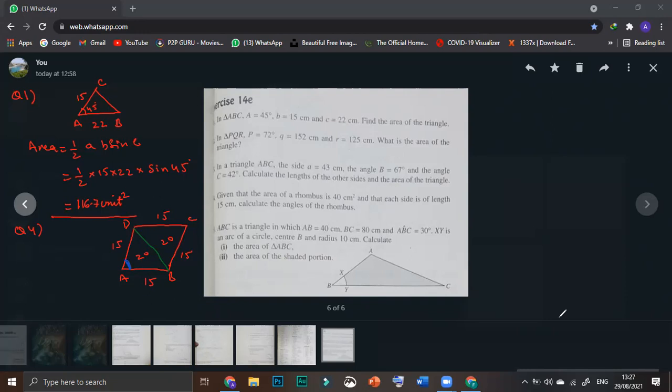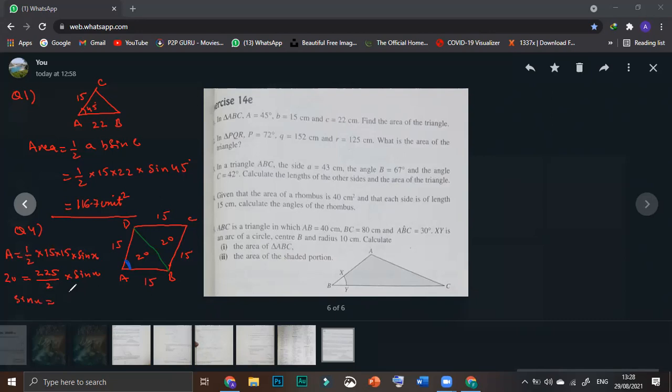Now we will use the formula for the area of the triangle. Area is equal to half into 15 into 15 into sine x. Let this blue angle be x. Now area is given, 20 is equal to 225 over 2 into sine x.